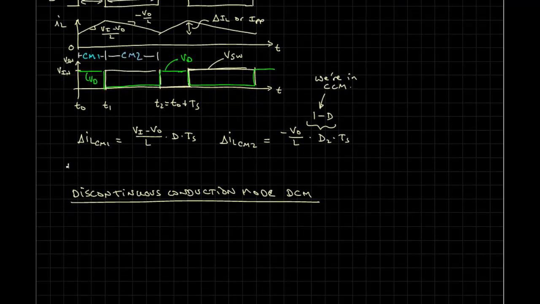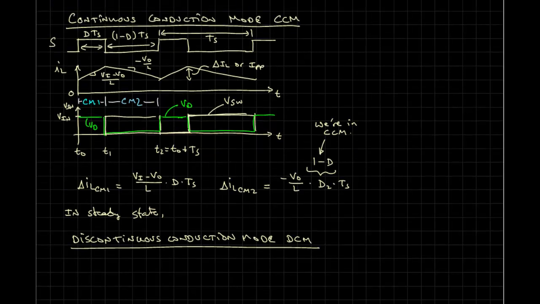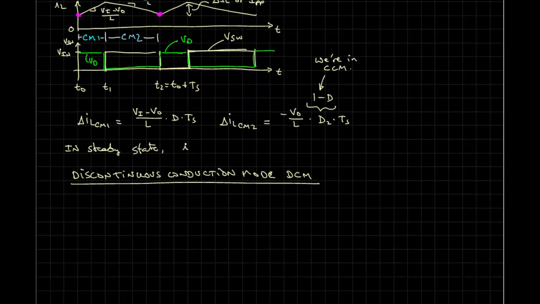In steady state, the current at the end of the period right here needs to be equal to the current at the beginning of the period. And so we can write that IL at T2 must be equal to IL at T1.